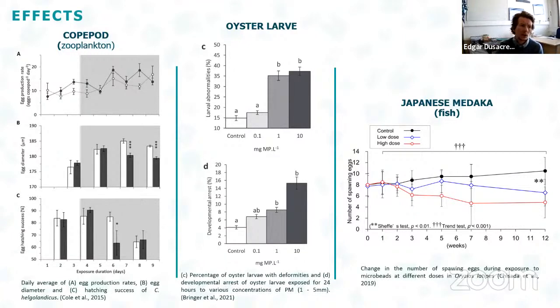And they show that without exceeding the particle size at which the larvae can no longer ingest them, the larger the microplastics were, the more abnormalities and growth retardation occurred. At the right, this is a study on the medaka. They also showed a decrease in the production of eggs by female medaka.